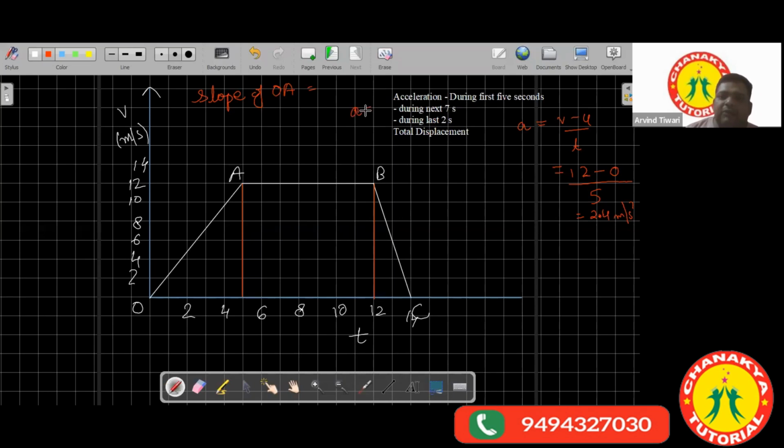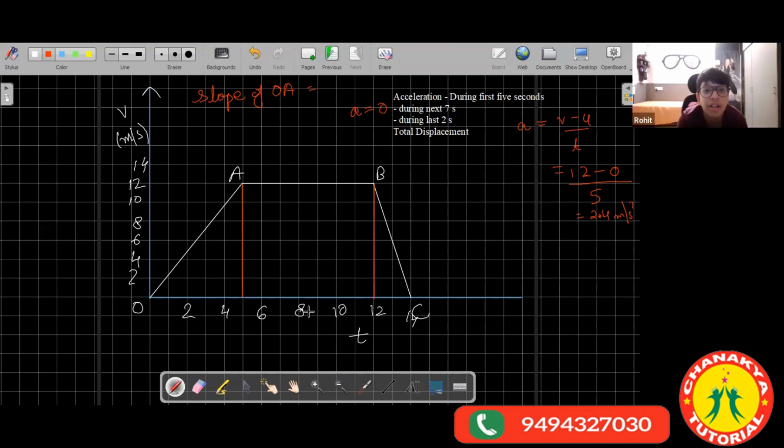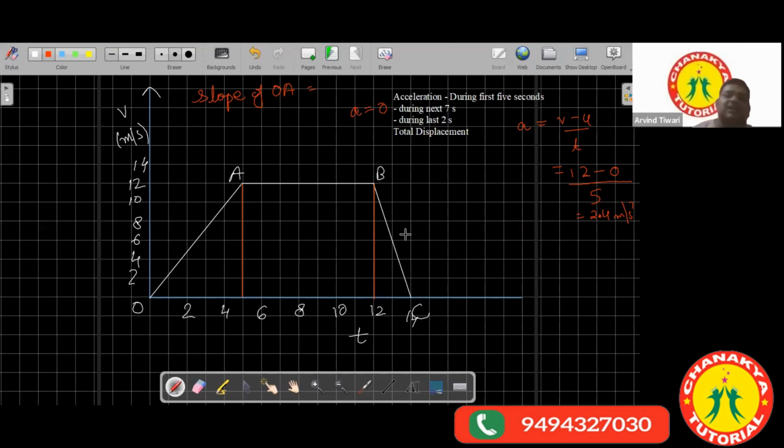Everyone is getting it? Anyone who is not able to get? Sir, it's during the last 2 seconds now, right? Yeah, now you have to find the acceleration during the last 2 seconds. So find it out, everyone. I think Sampath has given the answer.